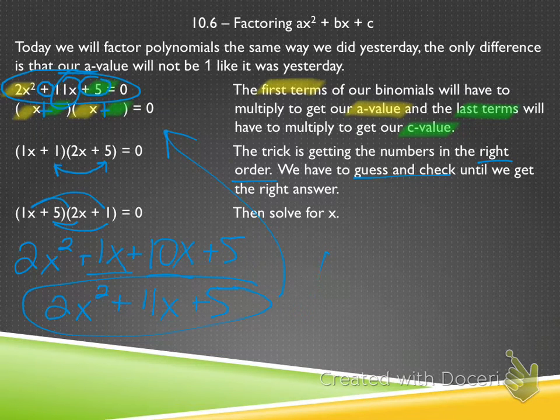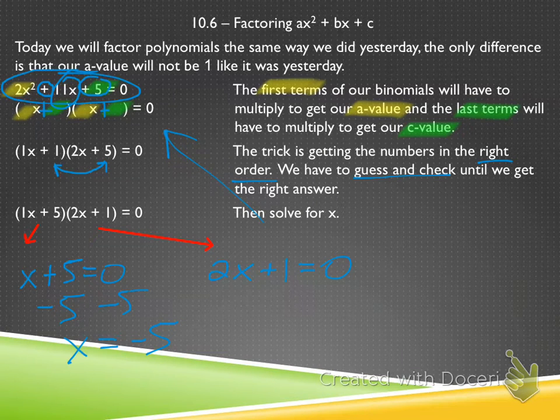Now that I know it's right, I can go ahead and erase all this. And then I can do what we did 2 days ago. Split this up into 2 separate equations. So I get x plus 5 is equal to 0, and 2x plus 1 is equal to 0. Minus 5 to both sides, so x is equal to negative 5.